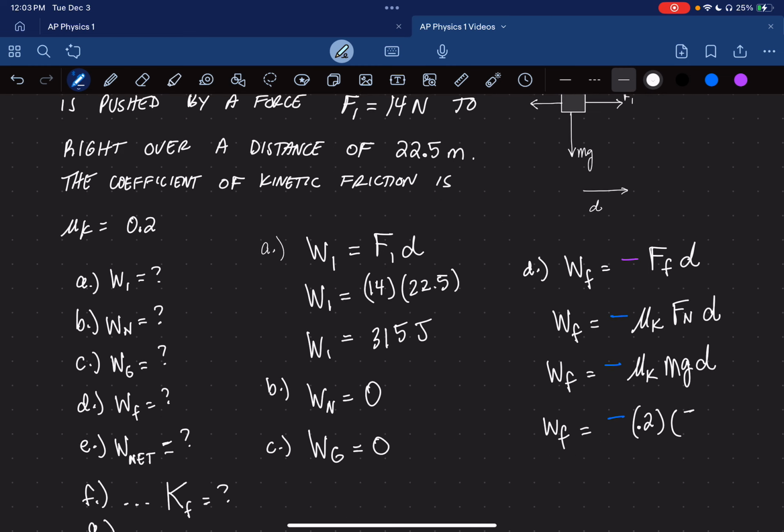So mg is together 50, and the distance is 22.5. There we go. Negative 225 joules.